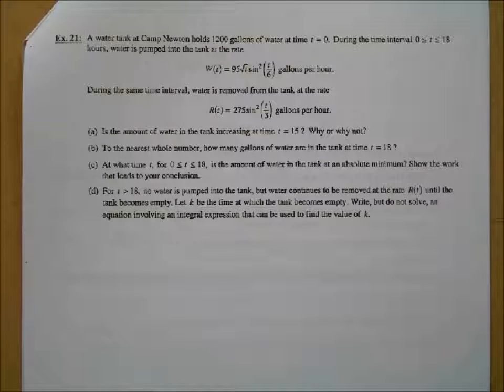R, so minus R of 15. The rate going in minus the rate going out is the rate of change of quantity with respect to time. All of them have to make sense.